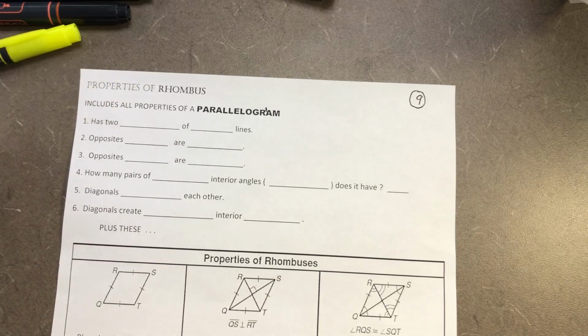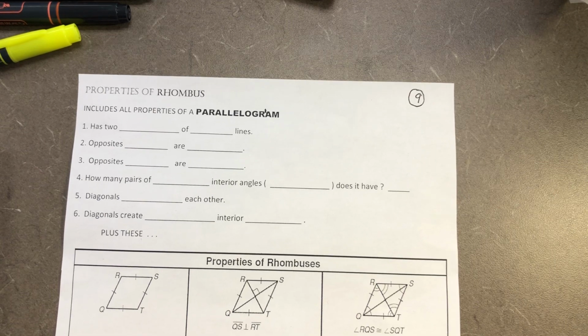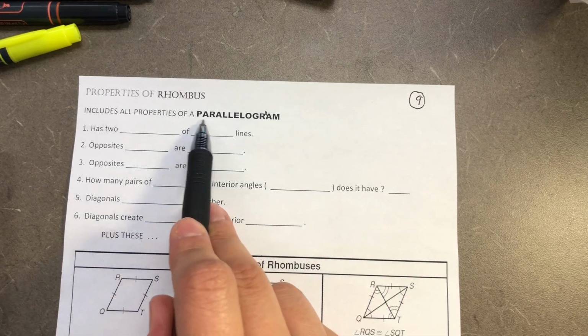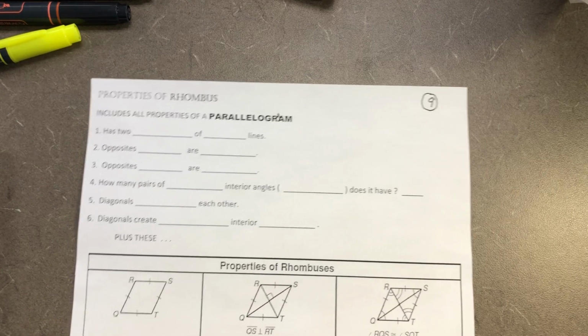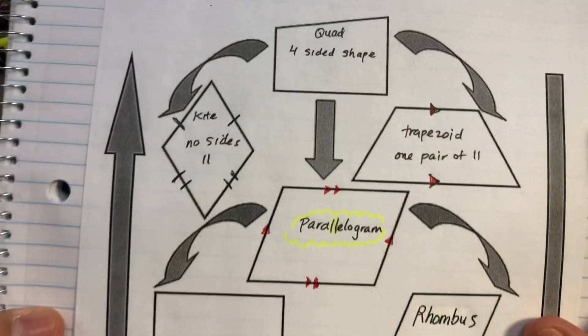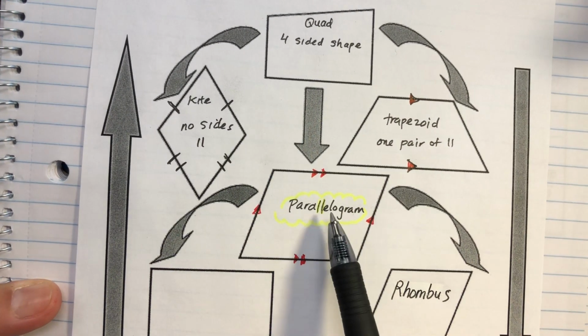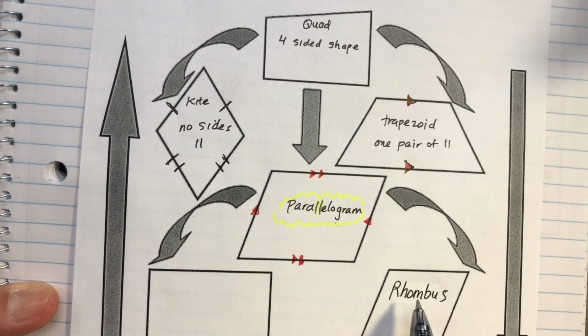Today we're going to be talking about properties of a rhombus. A rhombus is the next parallelogram we want to focus on, and it includes all the properties of a parallelogram as you see here. Now I'm going to go back to the flow chart. On the flow chart, the parallelogram becomes a rhombus because it's like a son or a daughter.